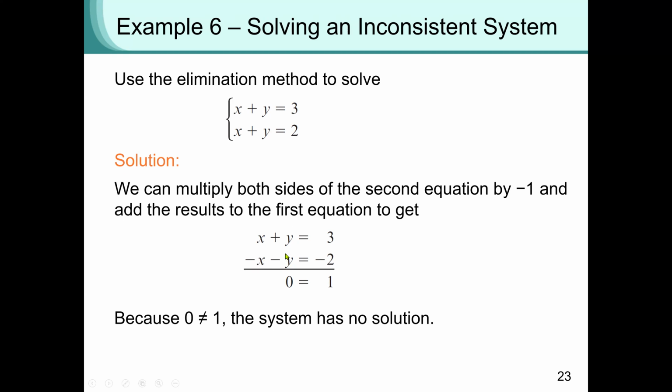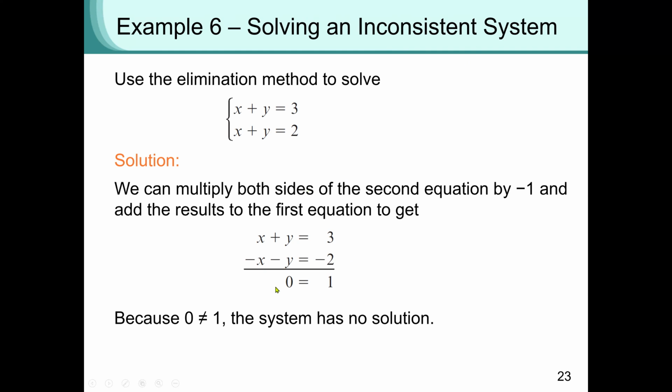Y also we're able to cancel because we get plus y minus y. But we have a constant value left. Now, if we have 0 equal to 0, then we have infinitely many solutions and the system is consistent. The only thing, the two equations are the same. Here, the equations are not the same, and there is no solution, so it is an inconsistent system. So here we write the system has no solution.